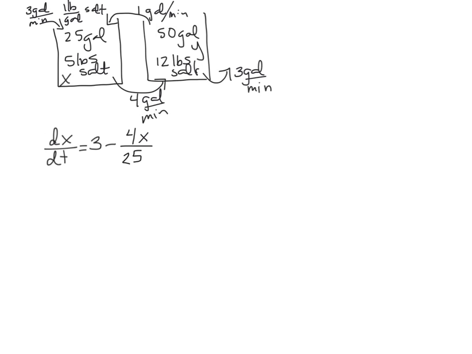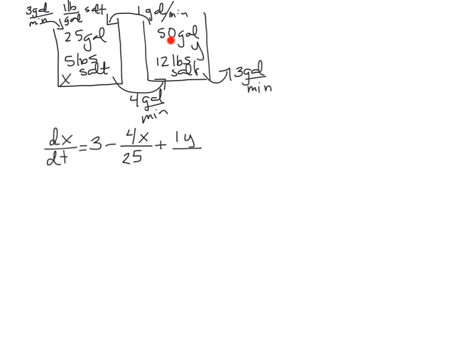All right, now this is a little bit different from what we've done before. We now have this guy coming in, and that's coming in from this other tank. So that is adding to this tank because it's going into it: 1 gallon per minute of solution coming from tank Y, so it has Y amount of salt in that solution, divided by the volume in that tank. Now I have to think about this second tank and the volume in it.